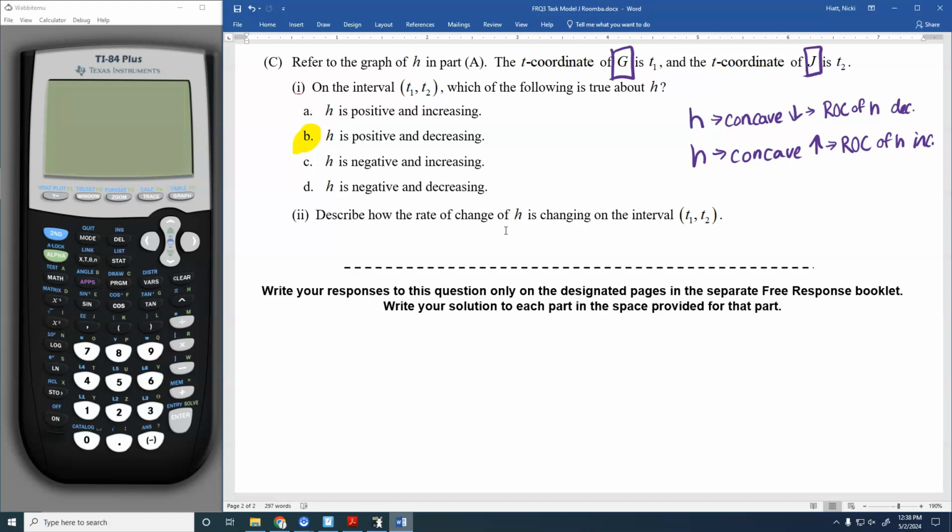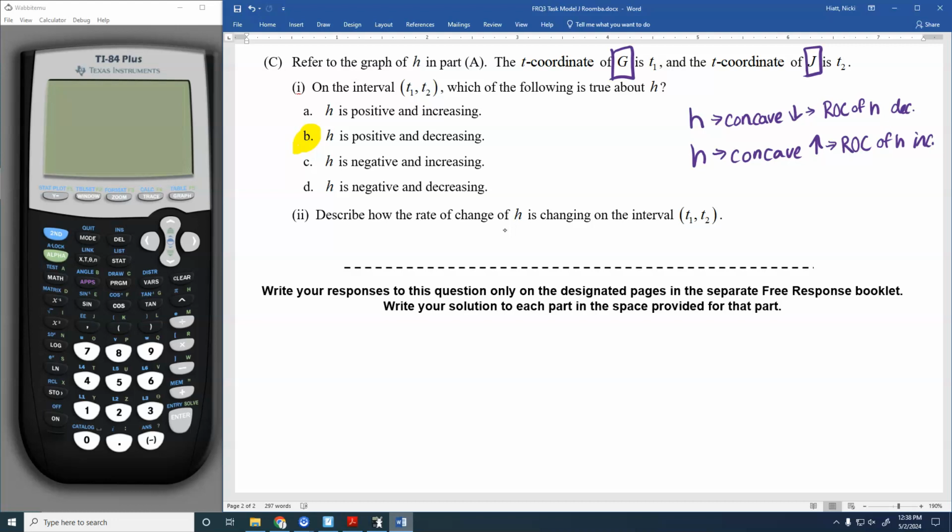So now, when you're writing this, because I remember from this particular test, you want to be really careful. An interval is never increasing or decreasing. It is the function or the rate of change of the function, but not the interval. The interval just tells us the window we're looking at, right? It doesn't tell us anything else except for where we're looking. So don't say the interval is increasing or the interval is decreasing. That's going to be wrong no matter what question they have asked you.